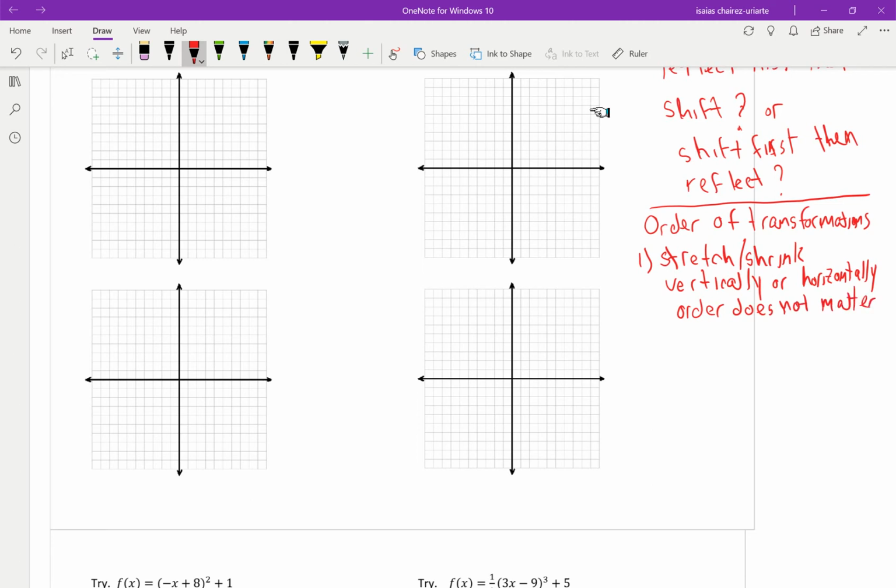The second transformation to pay attention to should be reflections, vertically or horizontally, and the order does not matter.